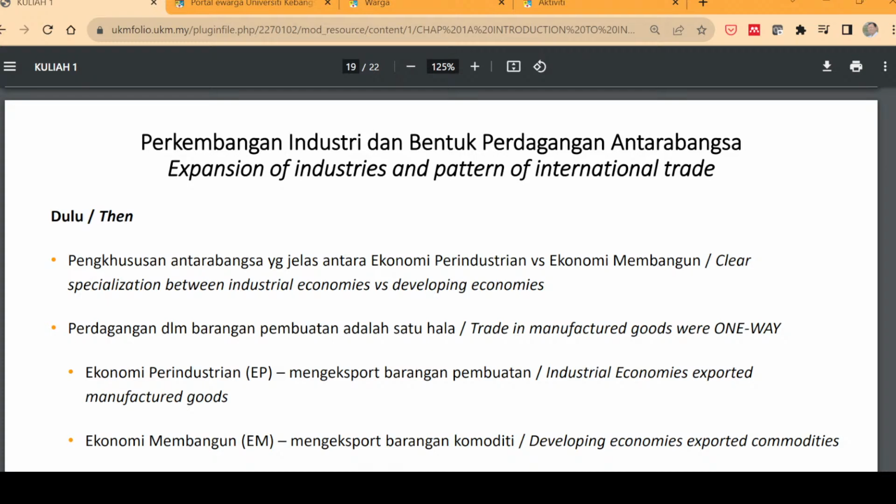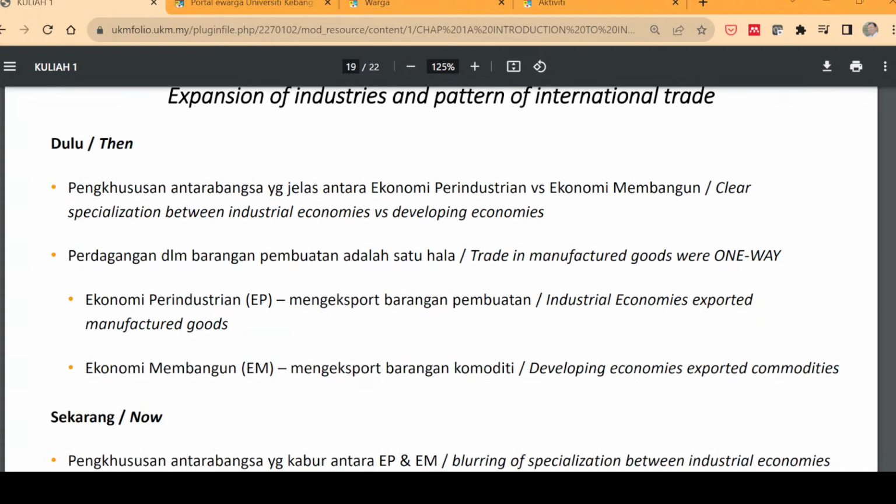Whereas the commodities, developing countries must export to developed countries in order to have money to buy the manufactured goods.